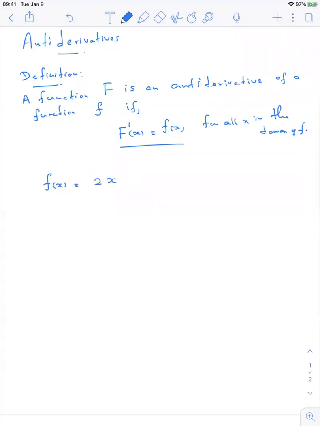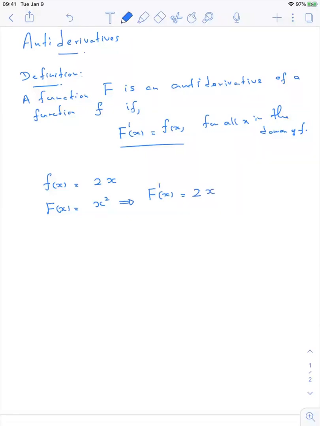From the power rule of differentiation, we know that if I define the capital F(x) function as x squared, and if I differentiate this, that means F dash x, you will get the answer equal to 2 times x.